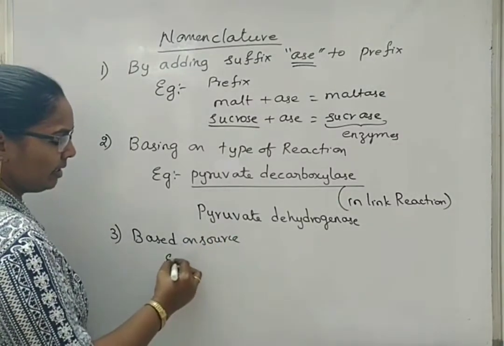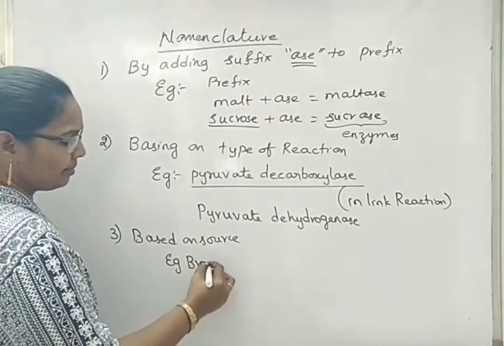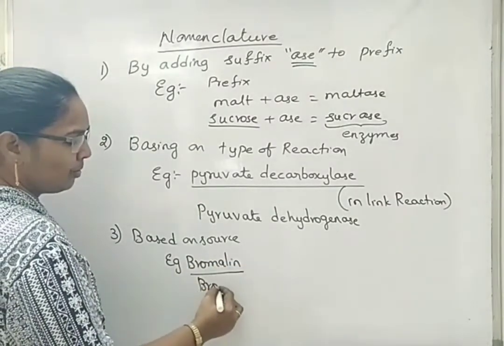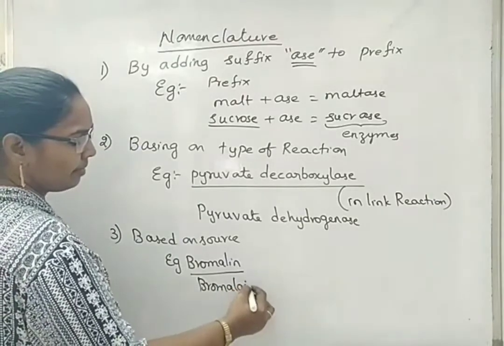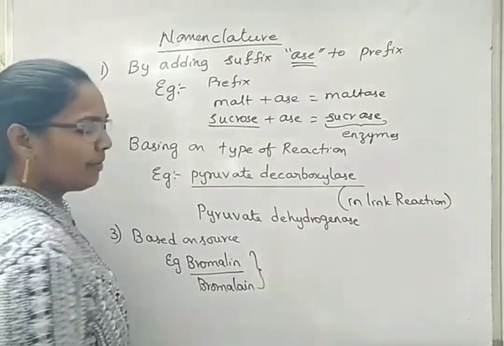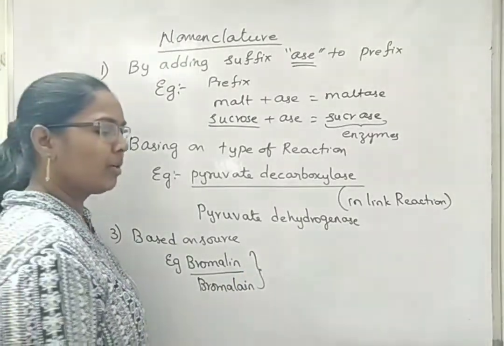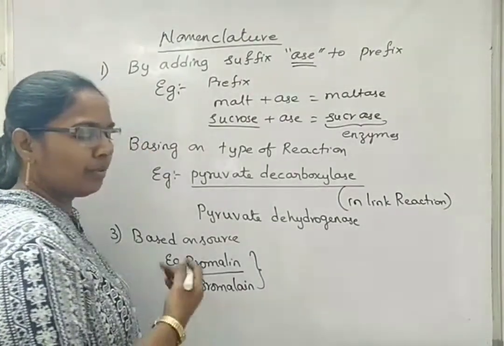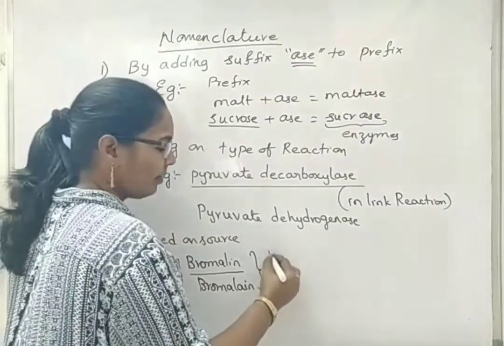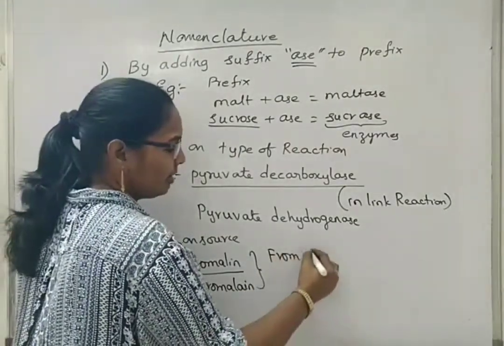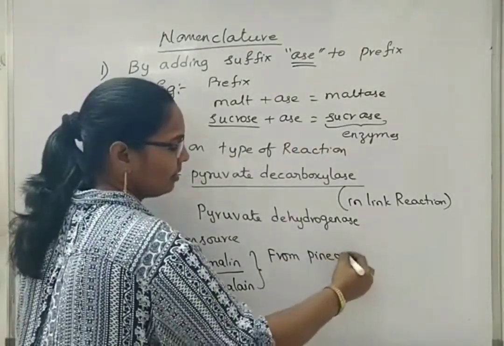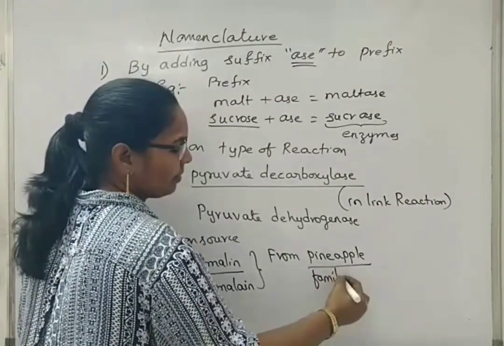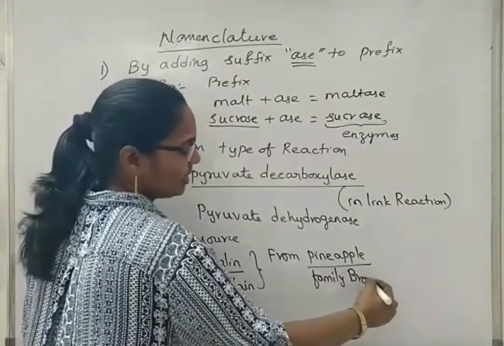The third one is based on the source. Example is bromelain. These types of enzymes are obtained from the pineapple, which belongs to the family Bromeliaceae.